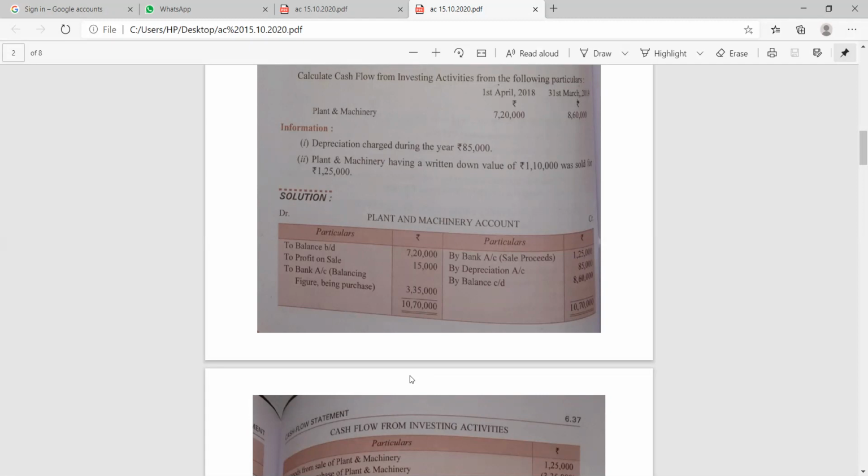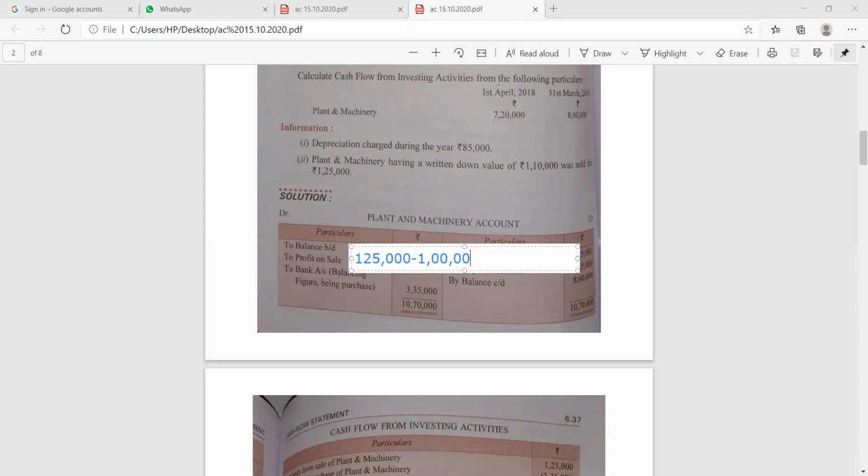Please mark it. How do you calculate 15,000? Mark in bracket over here. I'm also marking the text. Please mark here in bracket how you calculate the profit on sale. It's 1,25,000 minus 1 lakh.